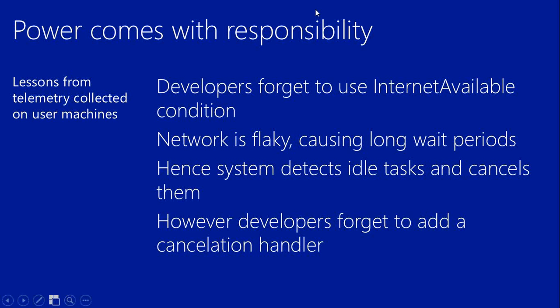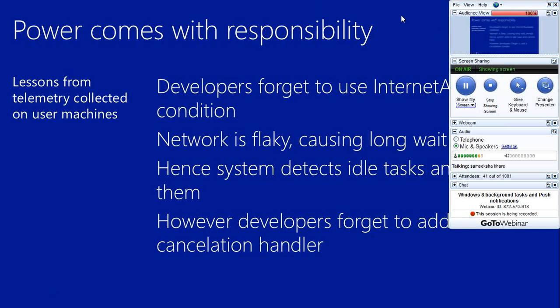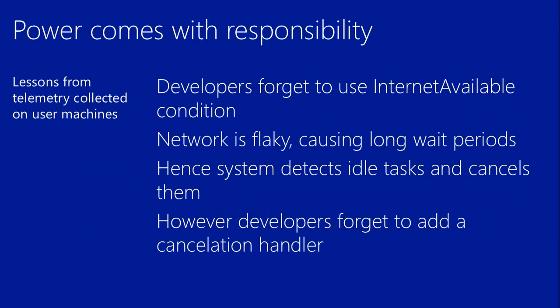Power comes with responsibility. Here we'll talk about a few things we've seen from our telemetry, which is lessons collected from user machines. We've seen that developers forget to use the internet available condition, so the network stays in low power mode, causing long wait periods. What happens is, let's say your background task requires you to fetch some data and needs an internet connection.